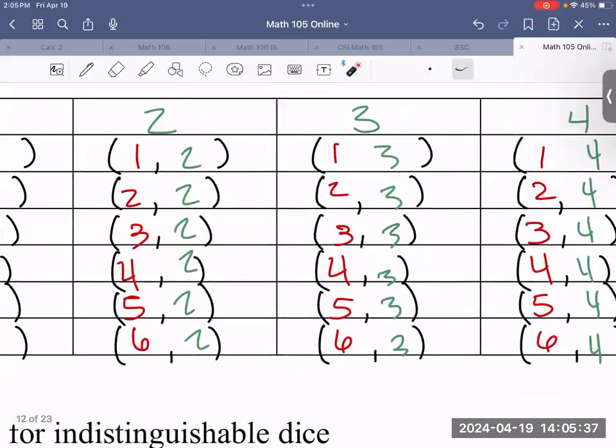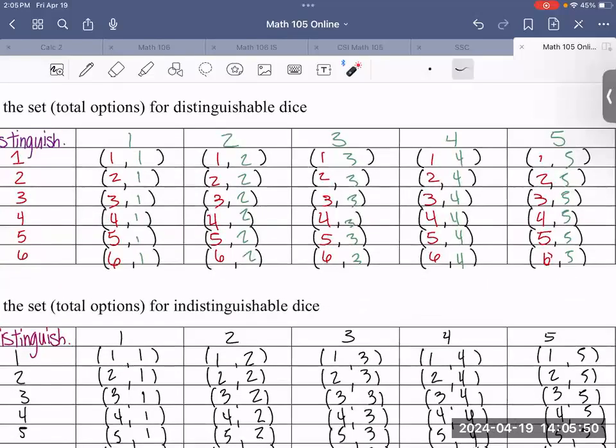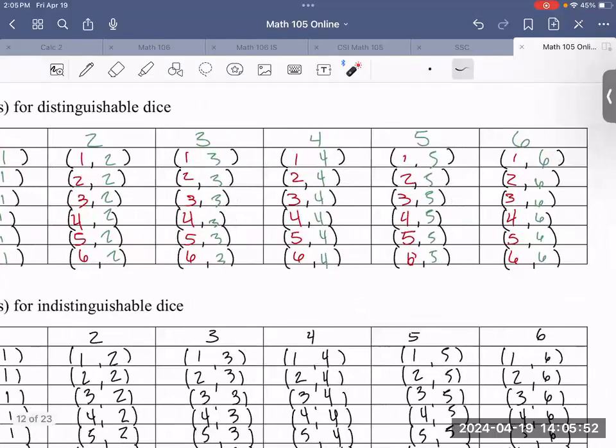And we can do that for all of these. Let's see this one, right? 3 and 3. Red was 3, green was 3. Red was 5, green was 5. So we can certainly determine which color threw each outcome.